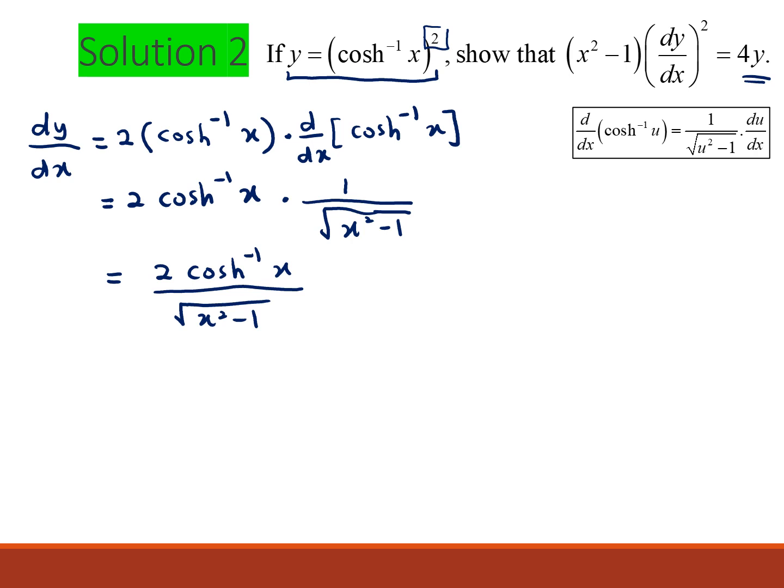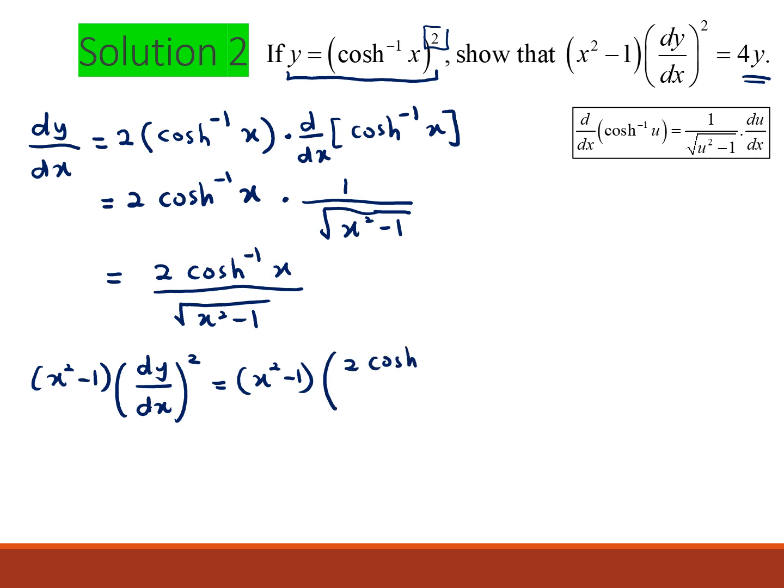Okay, now what we need to do is substitute into this, we want to show that this equation is equal to 4y. So we rewrite the equation x squared minus 1 times dy over dx squared, where this is equal to x squared minus 1 times dy over dx, which is 2 cos hyperbolic inverse of x over square root of x squared minus 1, squared.